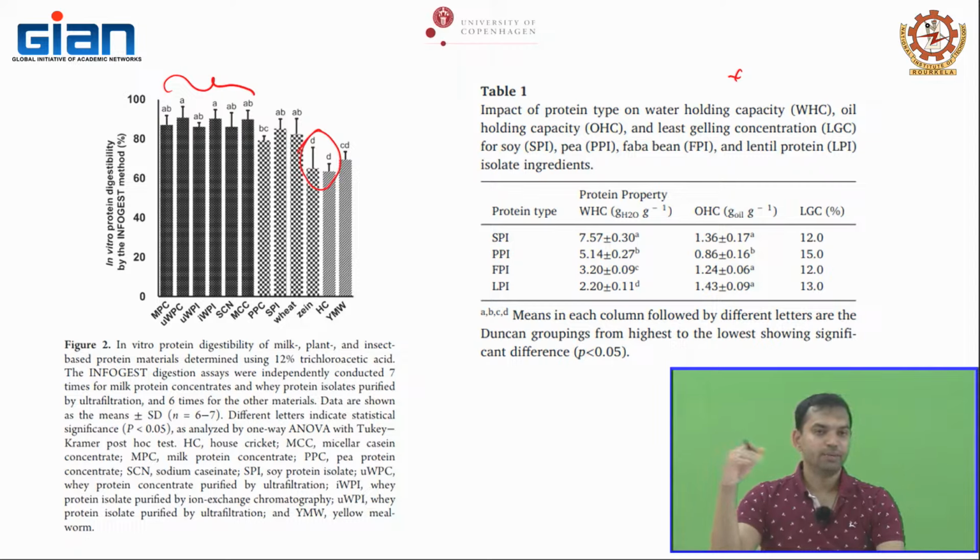Now, I mentioned previously that insects are very sustainable, they produce a very high amount of protein, an extremely high amount of essential amino acids, even higher than plants and animals, but they are less digestible. So, if I want to use them as an ingredient in the future, I need to make them more digestible. How? I have to modify proteins, right.